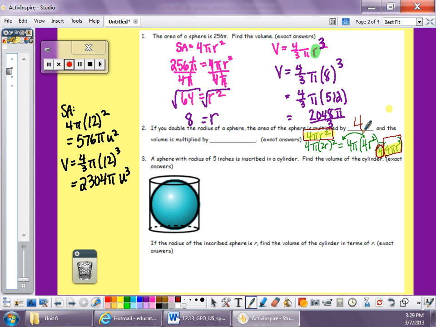For volume, I'm going to kind of do the same thing. So 4/3 pi 2r cubed, which would give me 4/3 pi 8r cubed. So this is 2r times 2r times 2r. So once again, I take the 8 out in front.